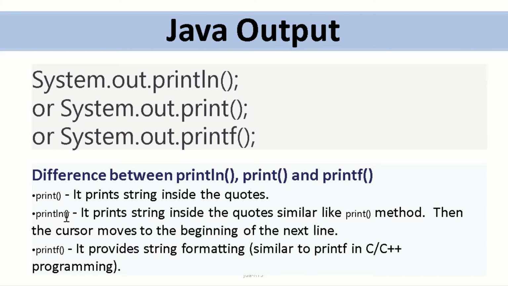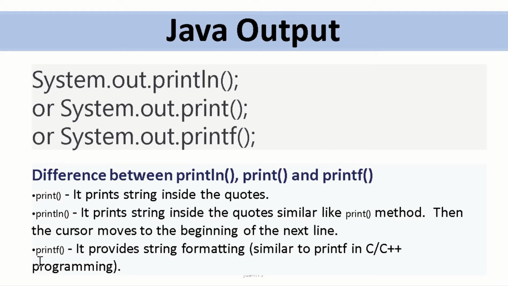They both display text, they both display the value of a variable. But what makes them different is that when you say println, it always jumps to the next line. So the next line is the distinction of println from the print method.